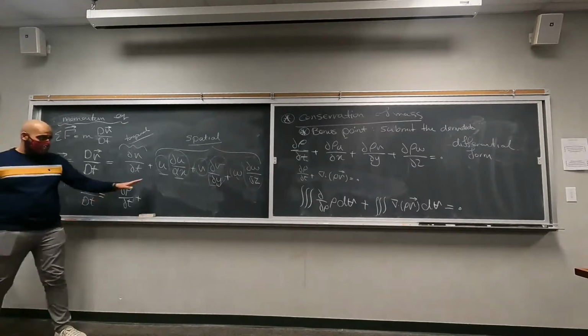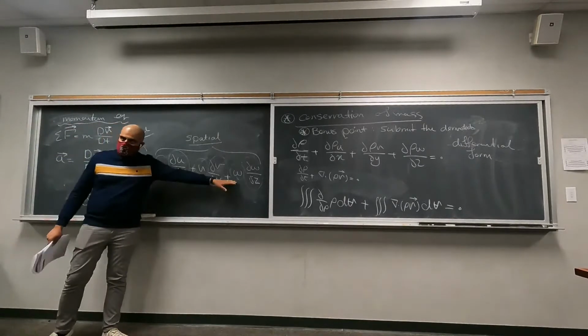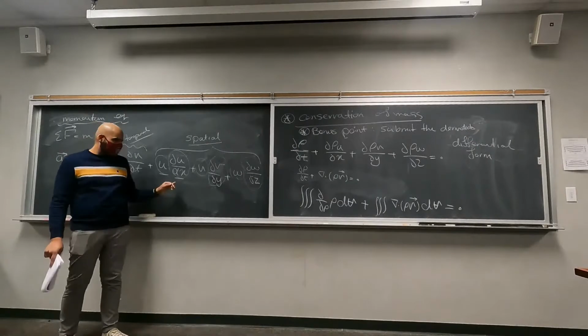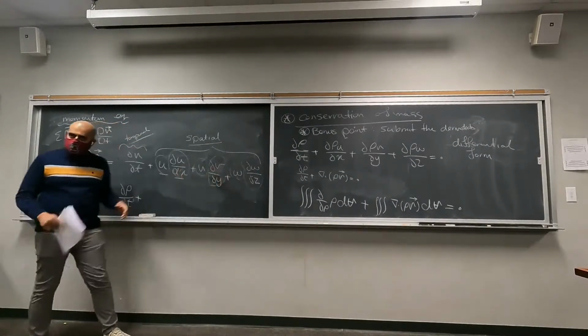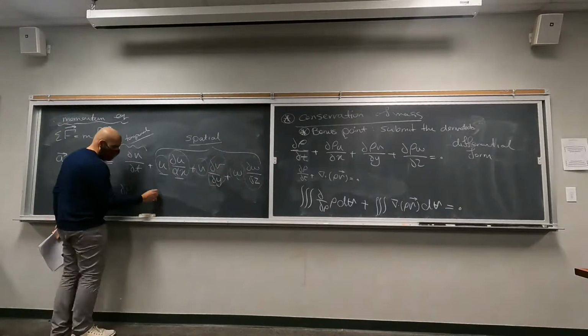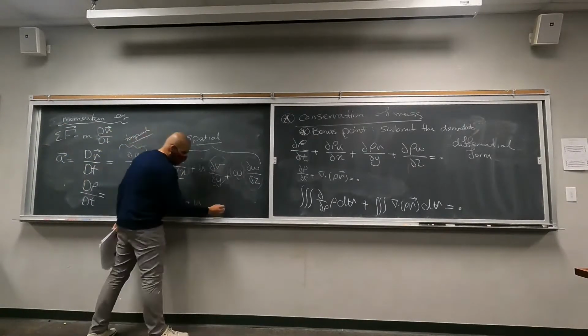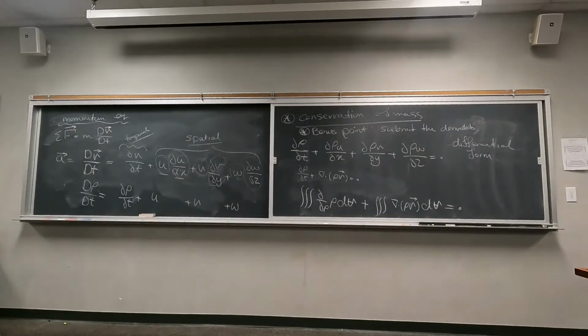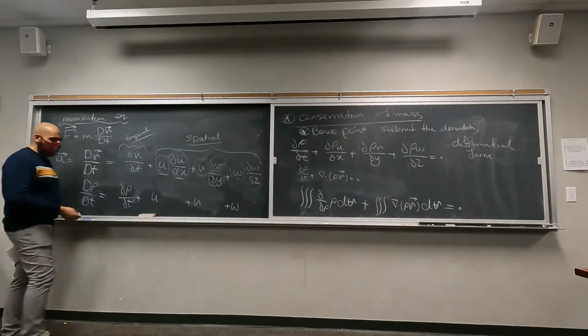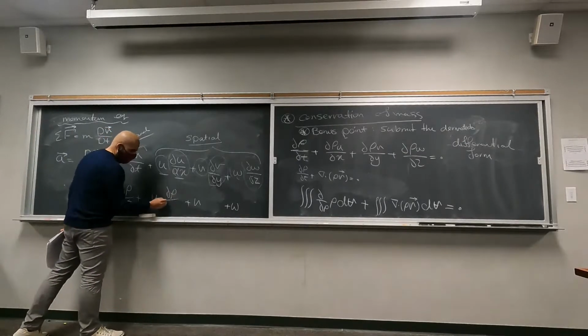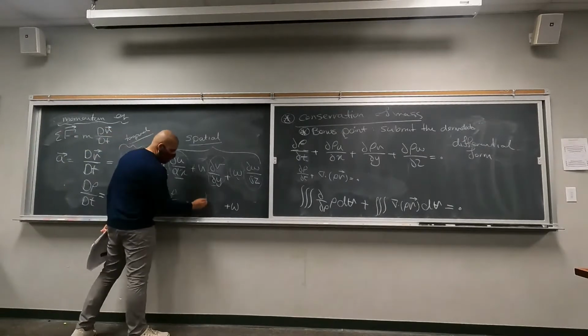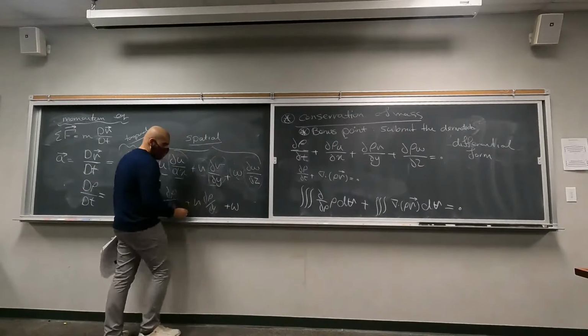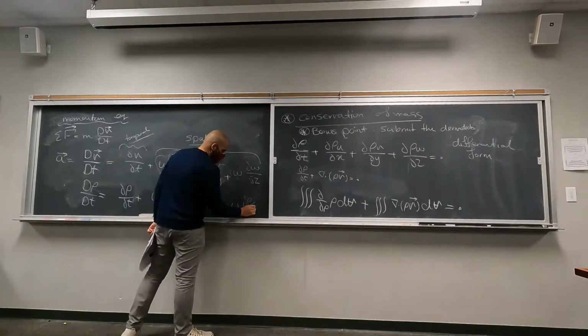Okay. How fast density is changing as you change the location is going to stay the same, right? So we will have a presence of velocity. What about the rest of it? How much density is changing as you're changing the location in each direction. So partial rho partial x, partial rho partial y, partial rho partial z.